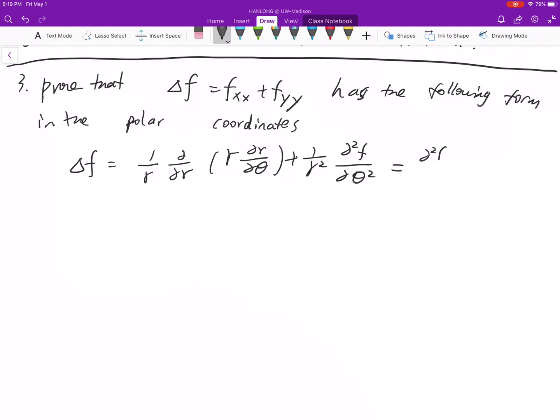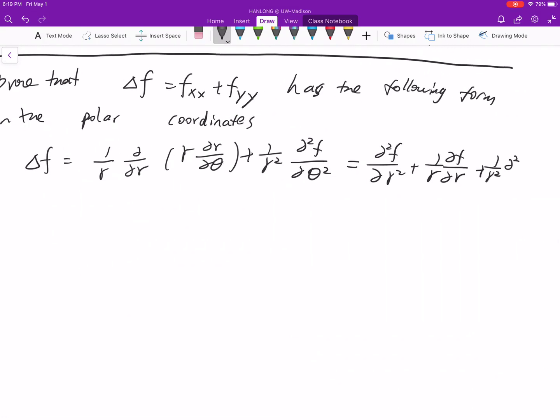Equals partial square f partial r square plus 1 over r partial f partial r plus 1 over r square partial square f partial theta square.